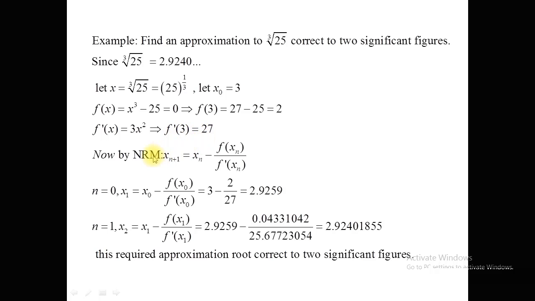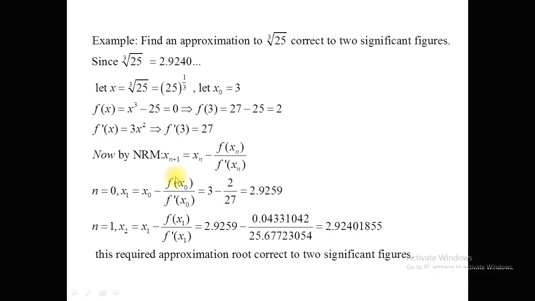Now by the Newton-Raphson method formula, xn plus 1 is equal to xn minus f of xn divided by f dash of xn. For n is equal to 0, the first approximate root x1 is equal to x naught minus f of x naught divided by f dash of x naught.